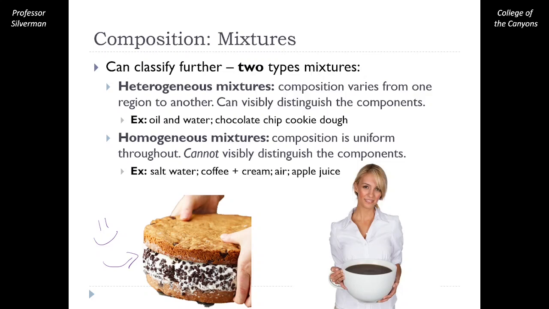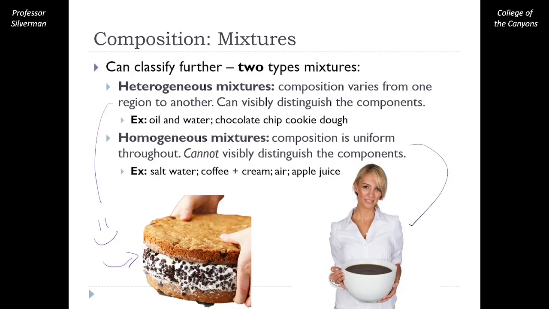I can see where the chocolate chips are and where the ice cream is. One sample I take and put into my mouth might taste different than the next sample I take and put into my mouth. Maybe one bite is mostly cookie, the next bite is mostly ice cream.